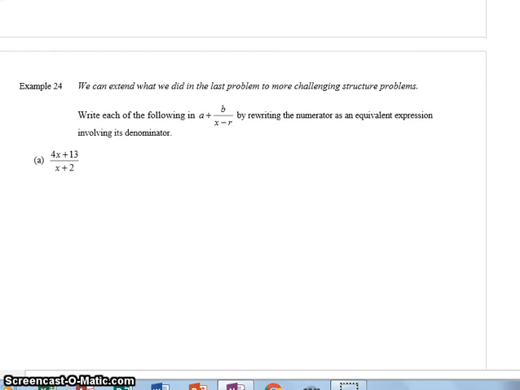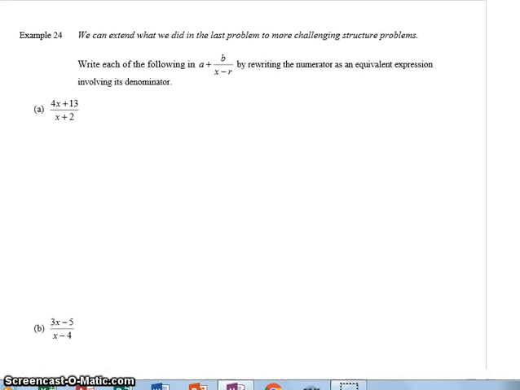All right. It says we can extend what we did in the last problem to more challenging structured problems. Write each of the following in a plus b over x minus r by rewriting the numerator as an equivalent expression. All right. These are a little harder, okay? All right, so ready? I want the bottom x plus 2.